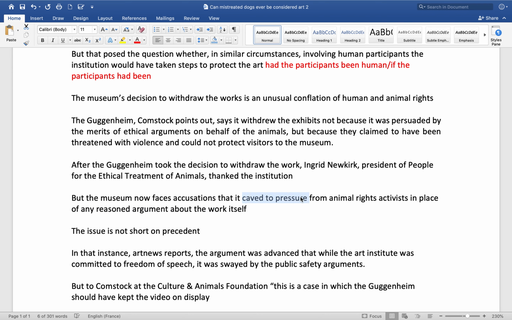It's simply because they caved to pressure. And maybe some people, you can already extrapolate and think, maybe some people thought, well, it shouldn't happen. You should have the right to express whatever you feel or exhibit and display whatever you want without having to be threatened by activists. So the museum was blamed for accepting to be bullied into removing those pieces of art.